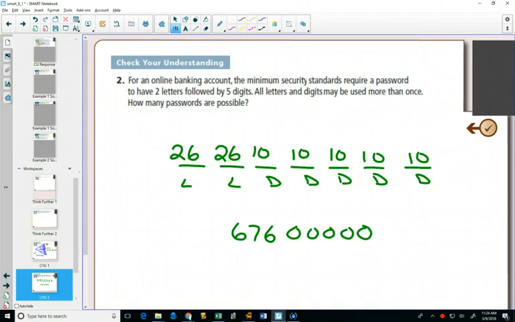I think that's good. Yes? And so with that many possibilities, it would be hard for me to guess your password.